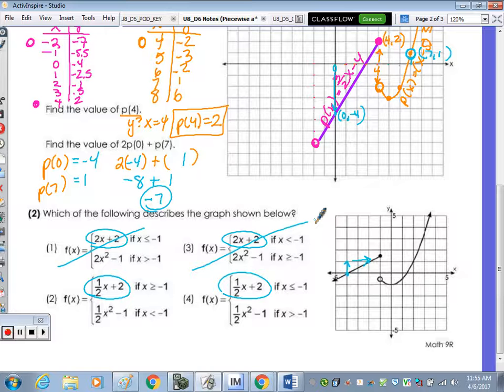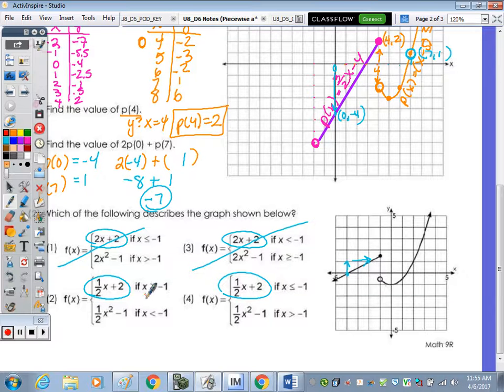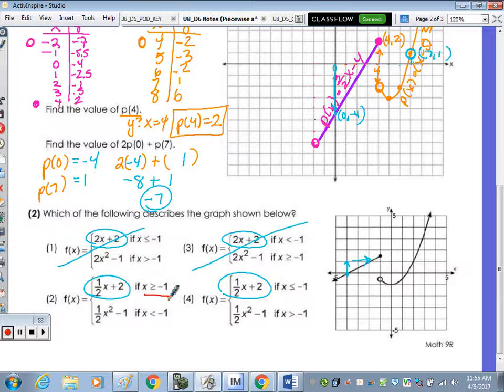And then you need to look where you're shading because they have a different set of inputs, or domain. This one is x greater than or equal to 1, which would be shaded on the right side of negative 1, and less than or equal to negative 1 is on the left. And since at negative 1 we're shading to the left, this one's out, which automatically brings us to choice 4.